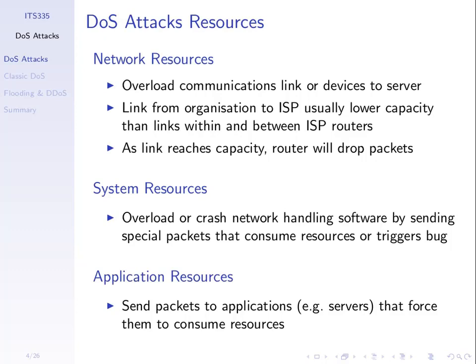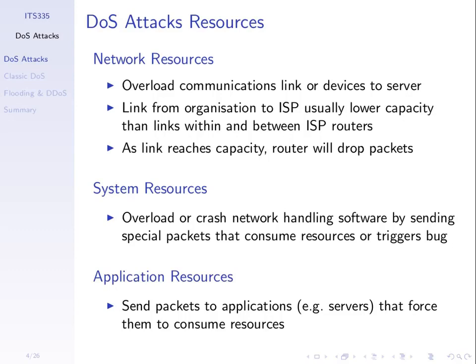And that often happens if the link from an organization, like your organization, your company, your university that has a service on offer, the link from the organization to their local internet service provider is often slower than the links inside the internet service provider.